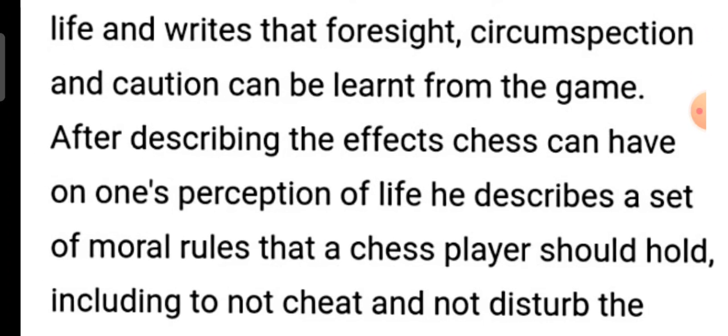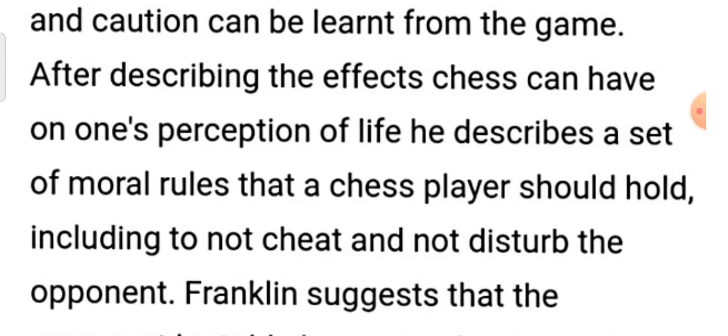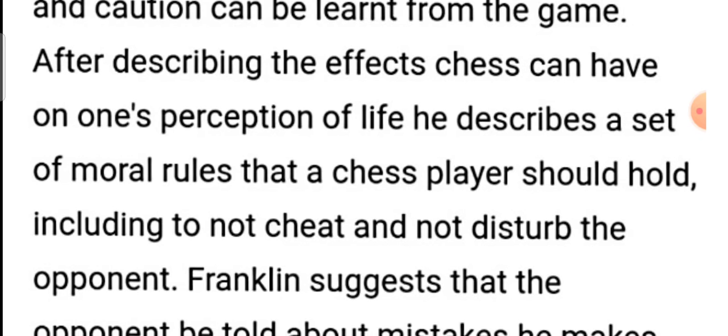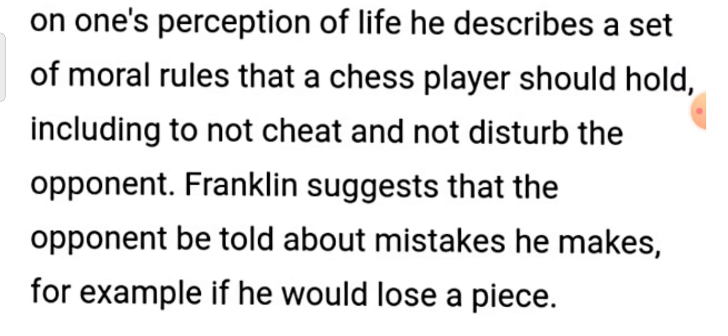After describing the effects chess can have on one's perception of life, he describes a set of moral rules which a chess player should hold, including not to cheat and not to disturb the opponent.